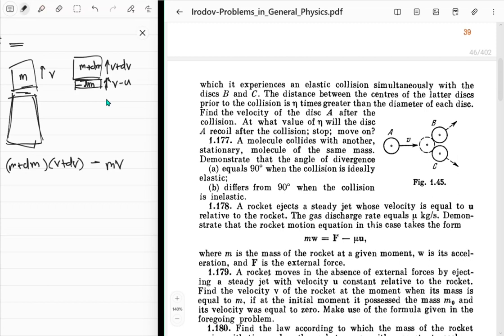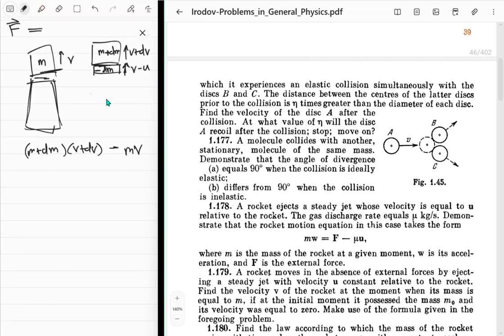We have all of these gas particles that were already ejected before this dt started. The momentum change of these is not important because that's going to be zero. And for this guy, the momentum is negative dm times v minus u. That should do it.